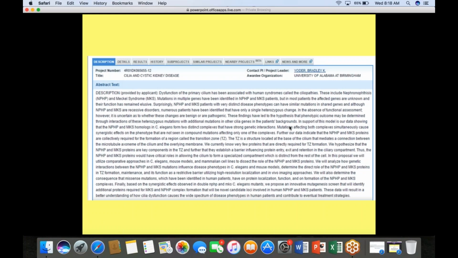Here's another one, ciliopathy and cystic kidney disease. That's pretty straightforward. It's pretty generic. And again, this person has had this grant for 12 years. And he's taken something that is okay. I don't know if I'm interested in this, and tried to make it interesting.